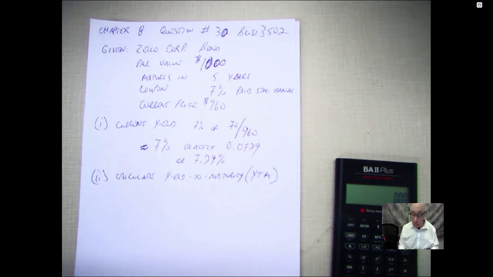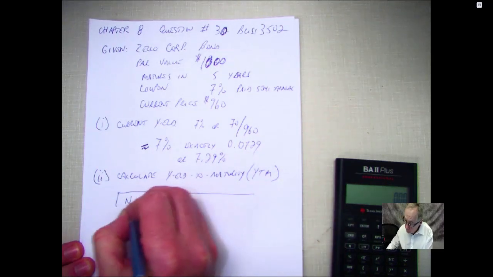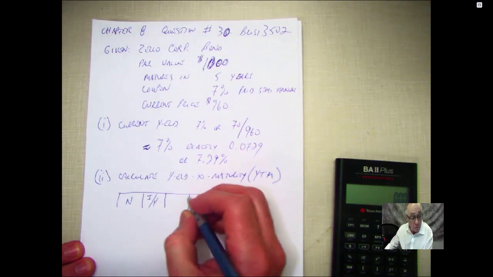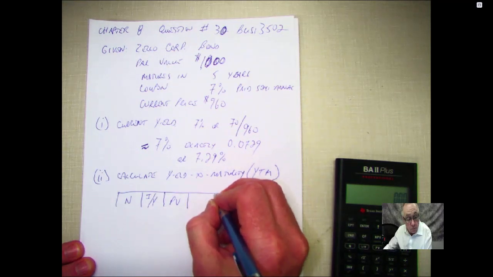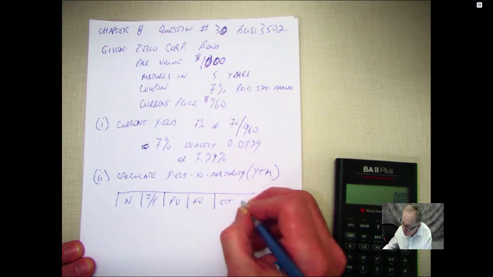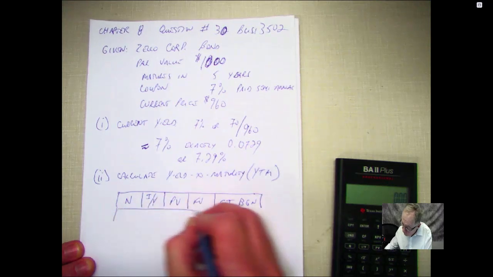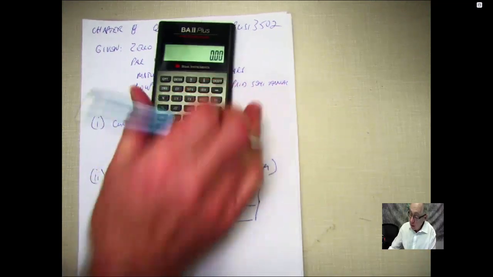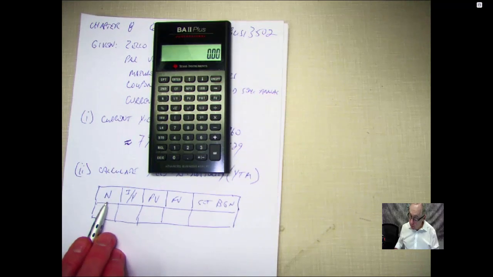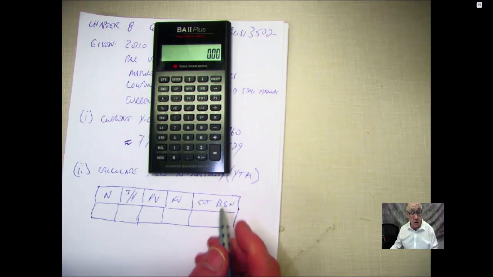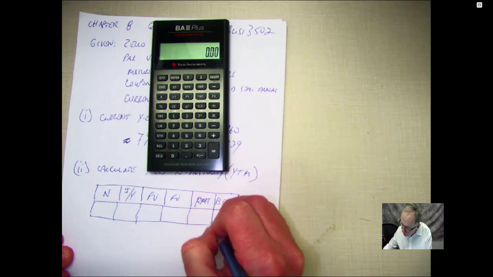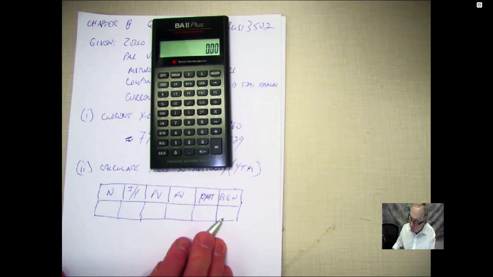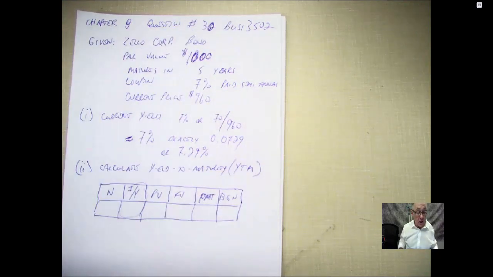If you're using the Texas Instruments BA calculator, the functions we're going to require are time, present value, future value, and annual payment, and set the calculator to begin, and we'll solve for the interest rate.